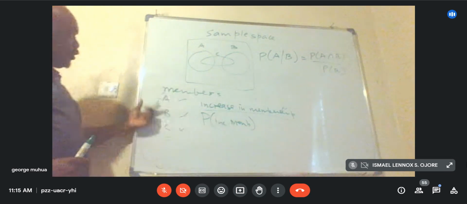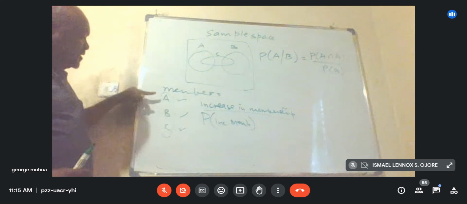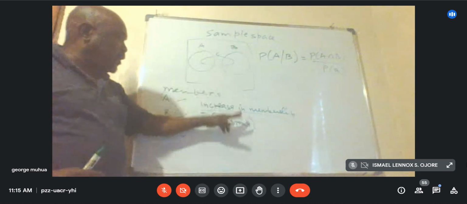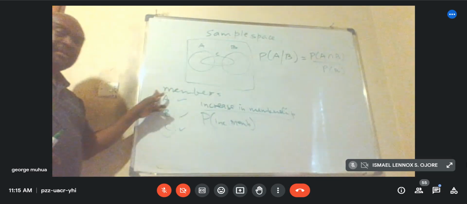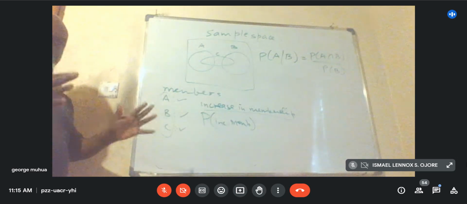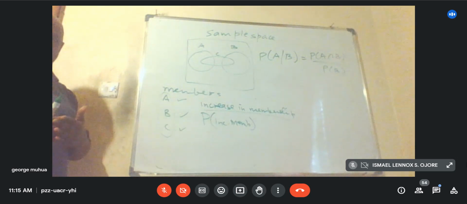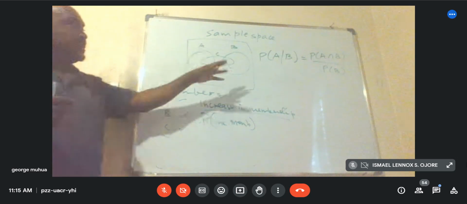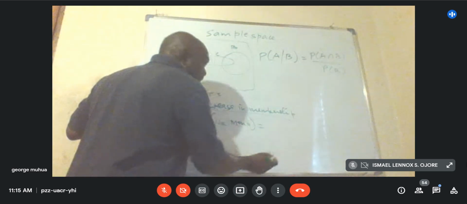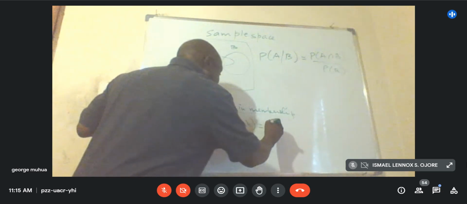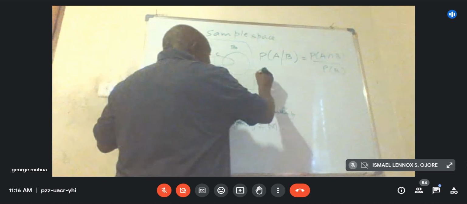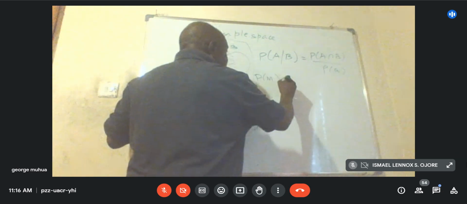That's one. Two, what is the probability that this is going to occur given that this has occurred? Or what is the probability that this occurs given that so and so has been elected? That is what the formula was telling you: you can determine the probability of A. For example, if we call this event membership, M, the question would be, what is the probability that there will be an increase in membership?